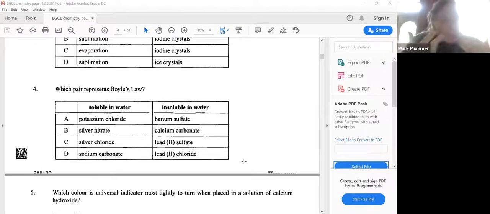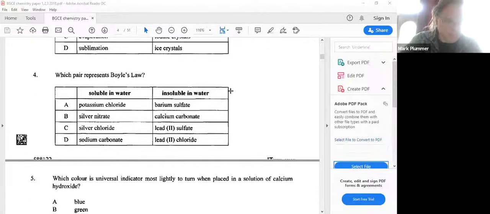So the way that this one is looking at it is asking which is the most soluble, which one could apply most of Boyle's law, and the answer to number 4 is A, because they're both the most soluble salts in water, even though barium sulfate is insoluble. So yeah, stinker of a question that, but the answer is A. It's the type of thing that comes up a lot in multiple choice, so just be aware that those sorts of questions do come up.